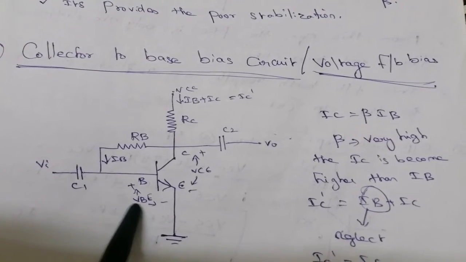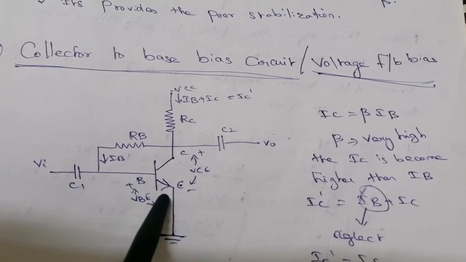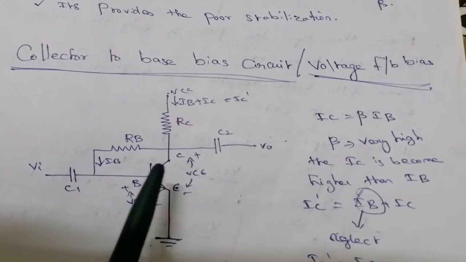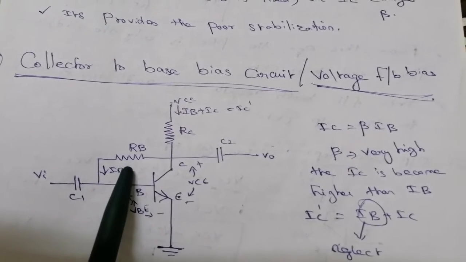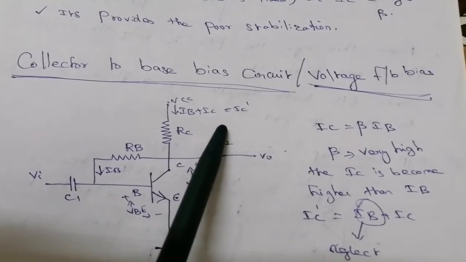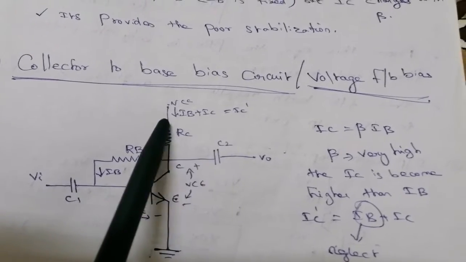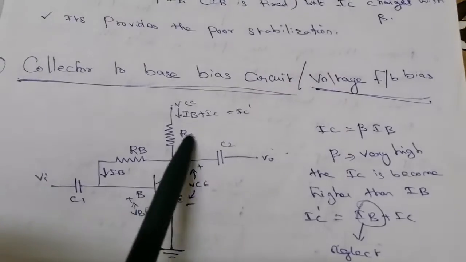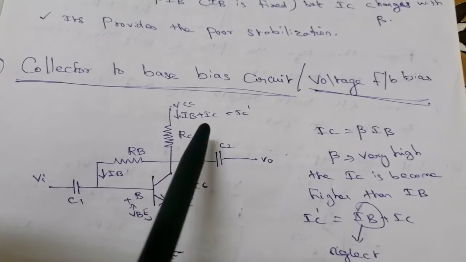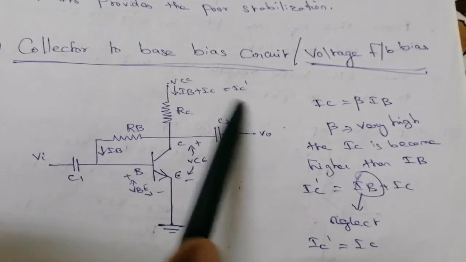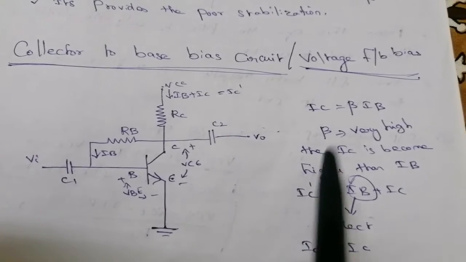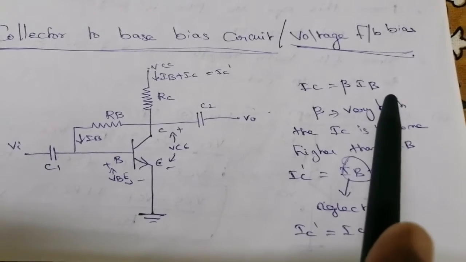So it is advanced from the fixed bias circuit. Here the base current flows through the RB resistor, and the base current plus collector current, IB plus IC, flows through the RC resistance, that is the collector resistance. IB plus IC is nothing but we can consider IC dash. So from that equation we know IC is equal to beta IB.